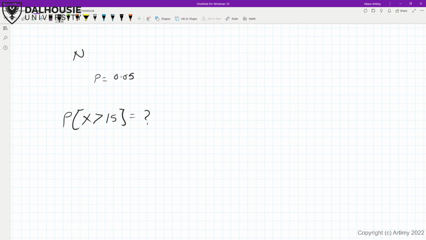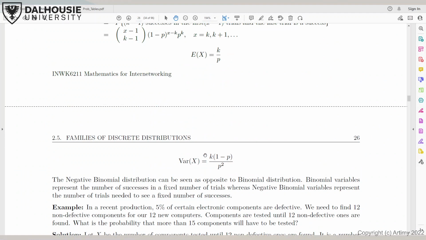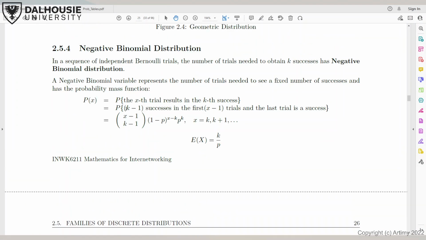Okay, so we figured that we need to use a negative binomial, and our successes k is 12, or k minus 1 is the number of successes. But I'm not going to use the formula. K is the number of successes, X is the number of trials. And remember, see here, that X has to be k or more.